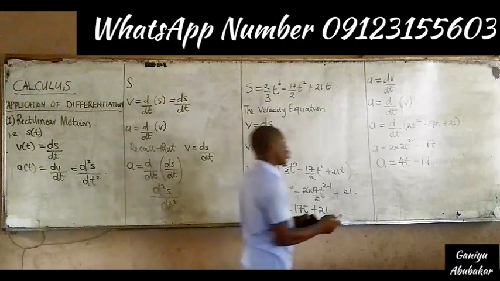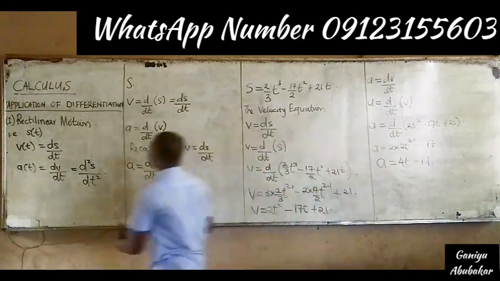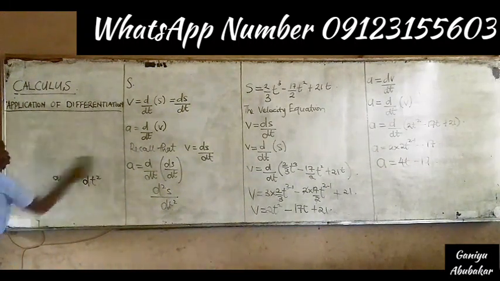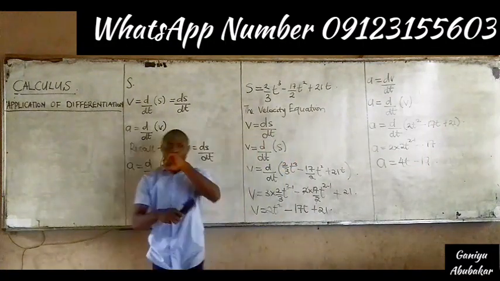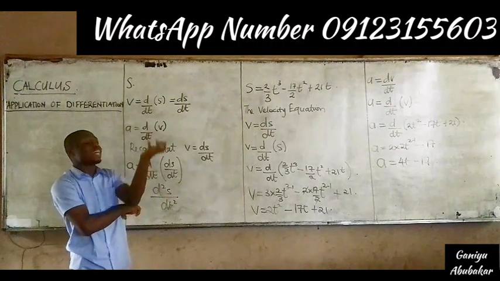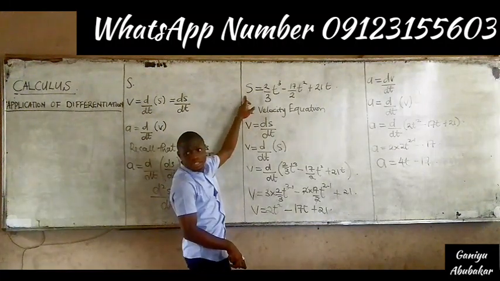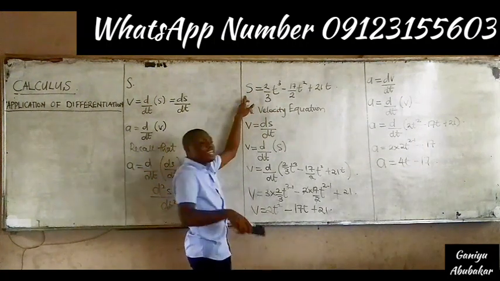After 2 seconds. So my task is quite simple. I will recall my velocity equation and put 2 seconds there. I'm given that time. What is x? Distance in meters.